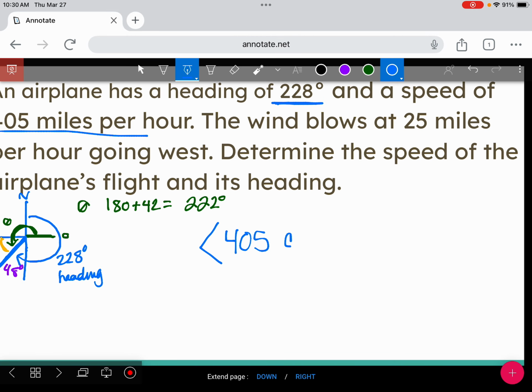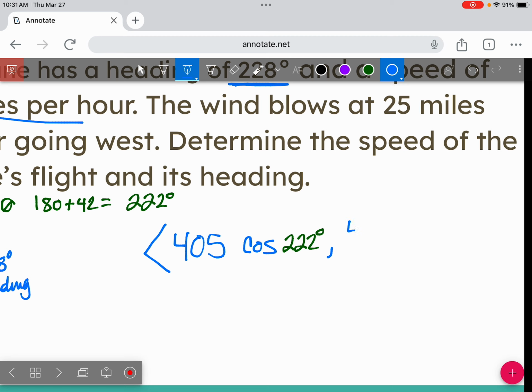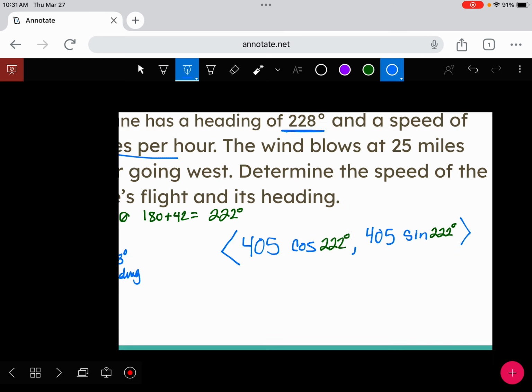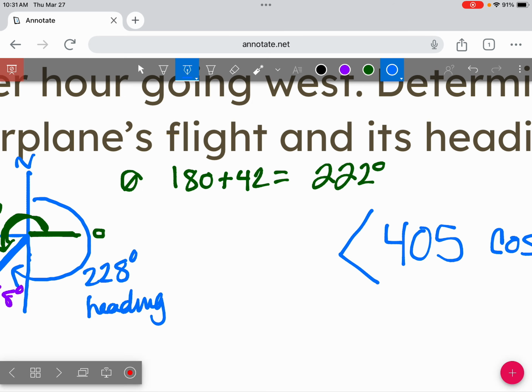Our x is the cosine, and our angle is that 222. The y portion of our vector is very similar. We're still going to have that magnitude of our speed, then we're going to have our sine of angle 222. So this is all of our airplane stuff, which, you know, we're going to do my beautiful airplane. Yay!